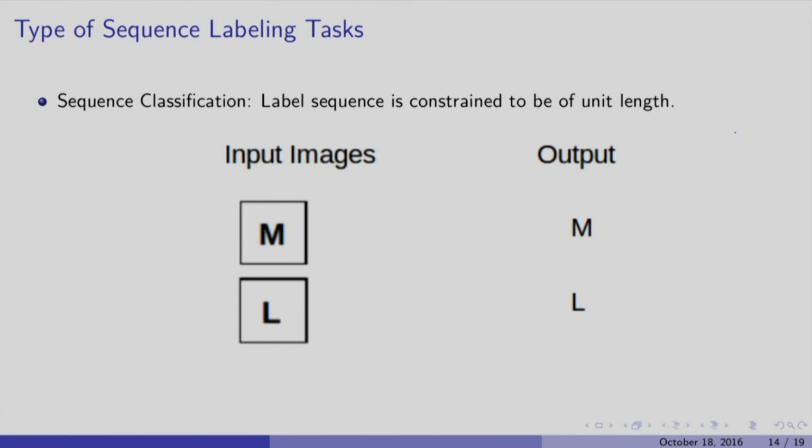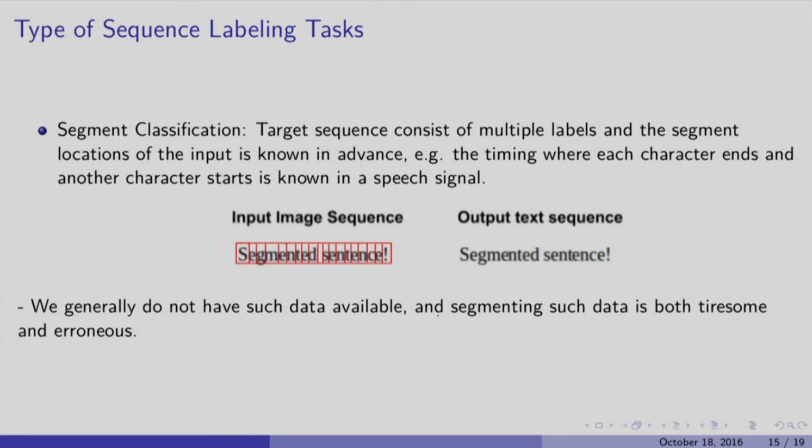So here is a broad range of sequence labeling tasks. We start with the simplest of them, the most standard. Given an input image M, you want an M, given an input image for L, you want an L. Slightly more complex is when the target sequence consists of multiple labels and segments of locations of the input is known in advance.